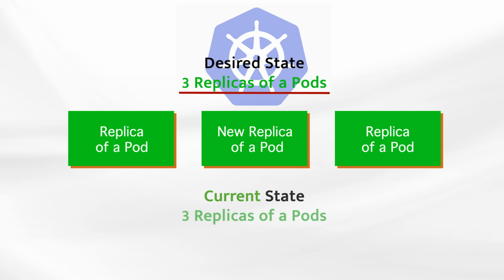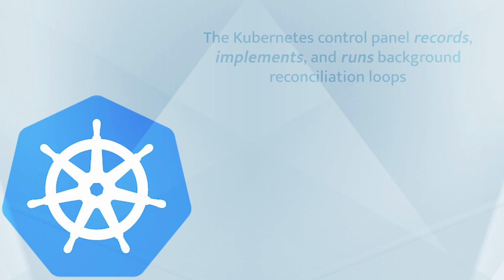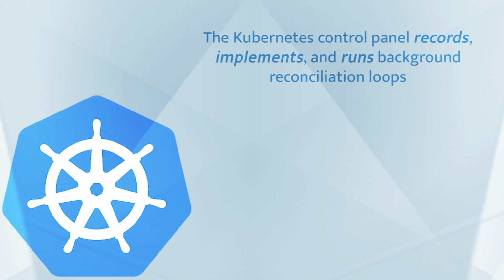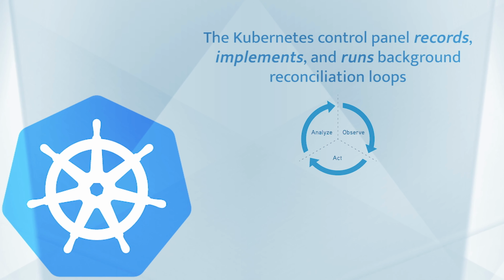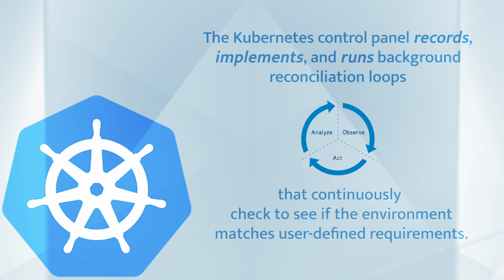The same would apply when updating or scaling the application by adding or removing pods. Once we update the desired state, Kubernetes notices the disparity and adds or removes pods to match the manifest file. The Kubernetes control plane records, implements, and runs background reconciliation loops that continuously check if the environment matches user-defined requirements.